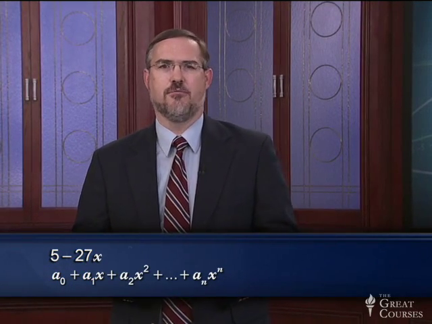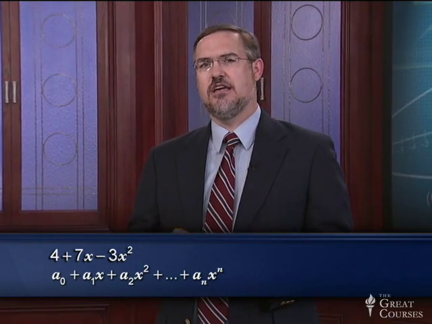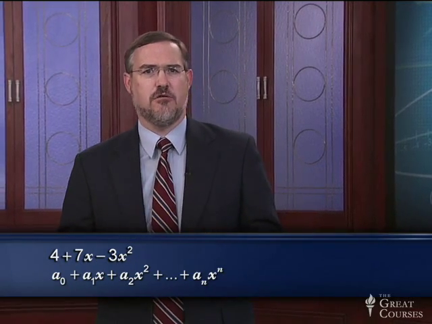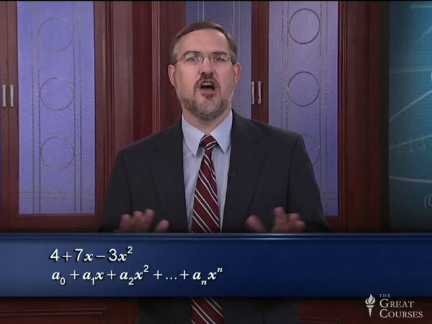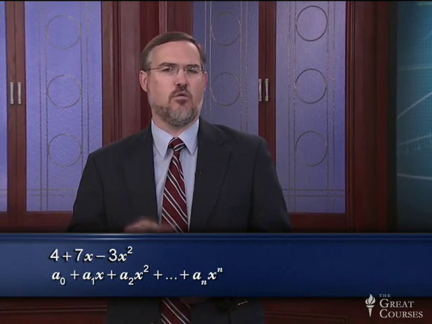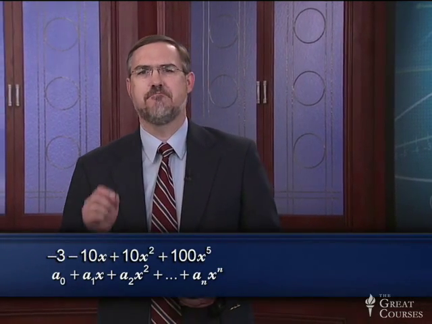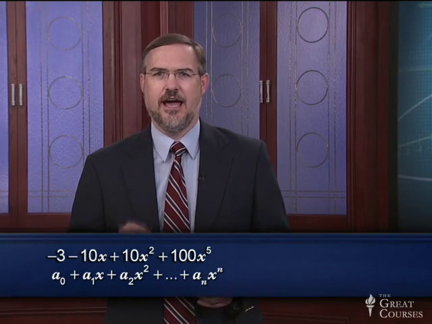Let's look at another polynomial. 4 plus 7x minus 3x squared. If you stare at that for a minute, you realize it's also a polynomial. It's a quadratic polynomial, in fact, and you and I know tons about quadratic polynomials already. And let's look at one more polynomial. Negative 3 minus 10x plus 10x squared plus 100x to the fifth.